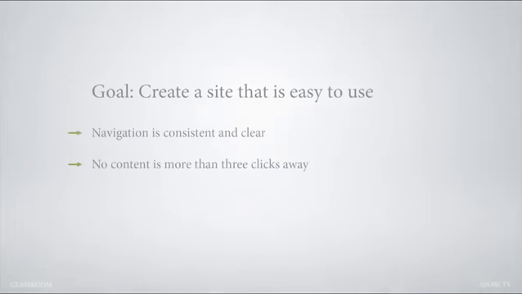Okay? The general rule is to keep the content, the navigation, really consistent and clear, and make sure no piece of content is more than 3 clicks away. So that's a general rule. Keep it clear, make everything no more than 3 clicks away, and you'll be doing quite well.